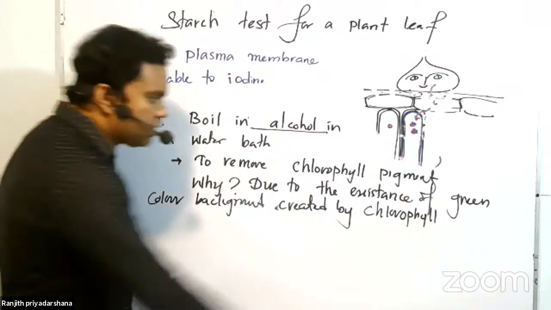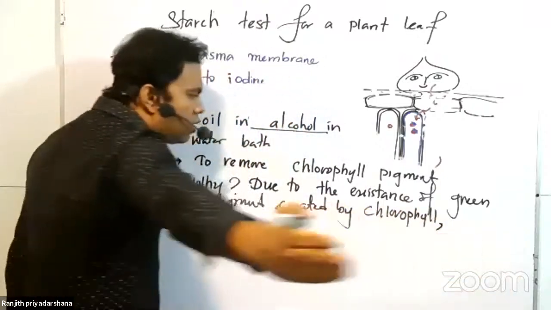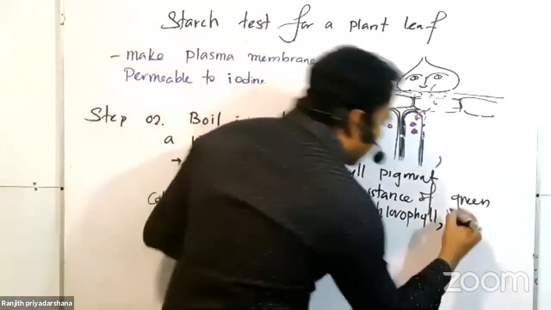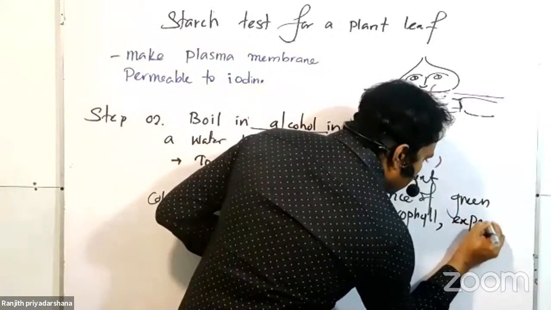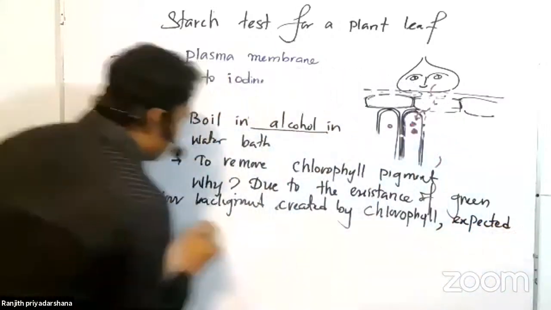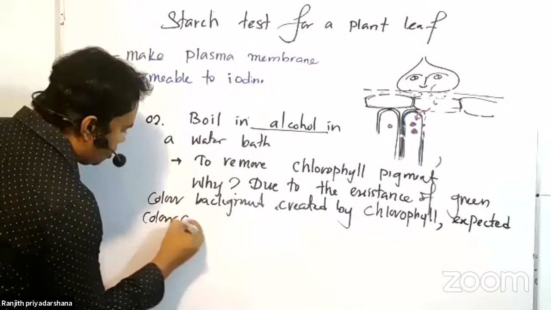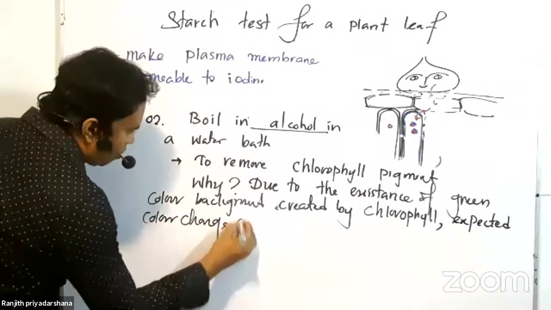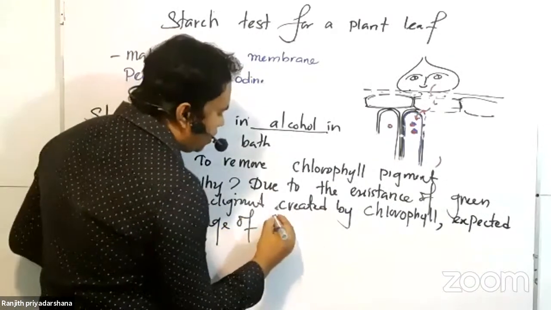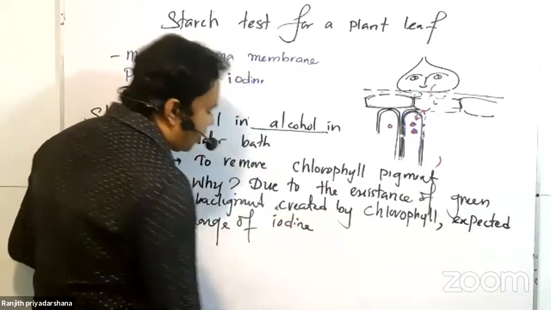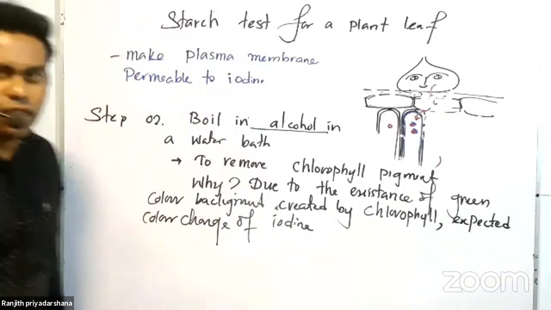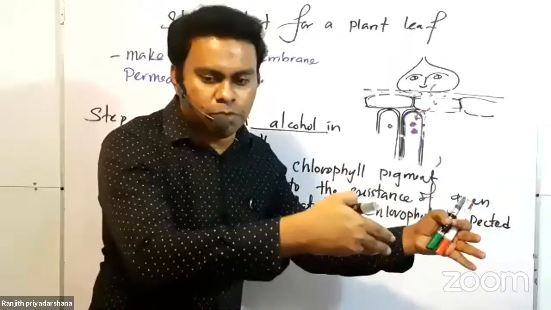Okay, due to that අපේක්ෂිත වර්ණ විපර්යාසය, expected color change of iodine. Expected color change of iodine. So use appositive phrase.